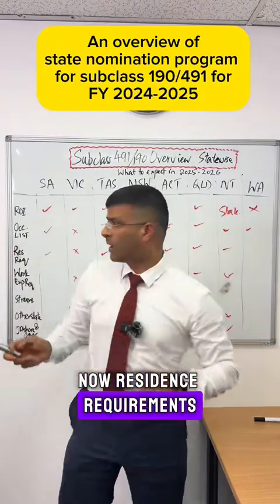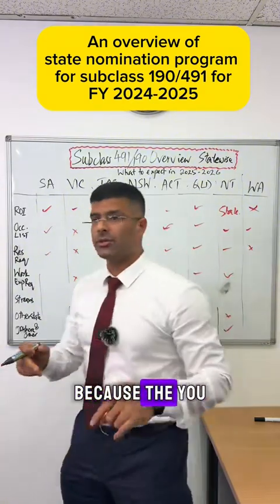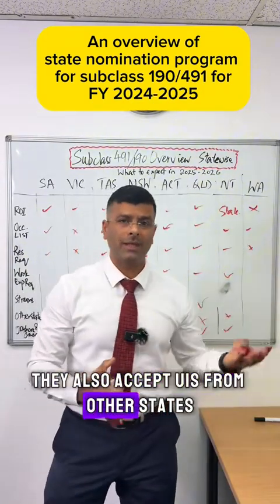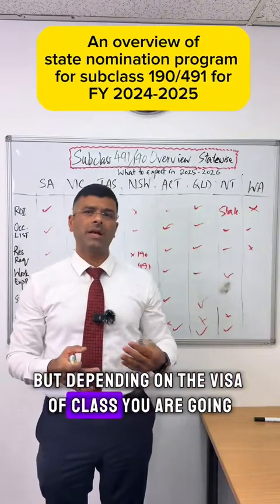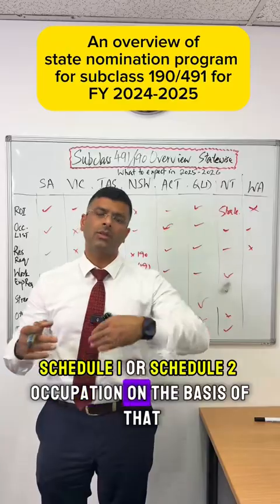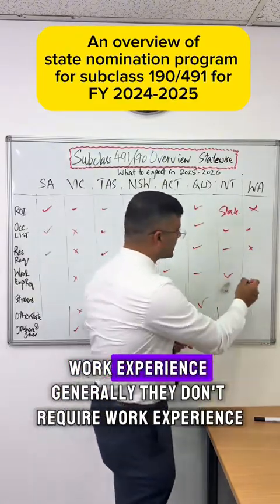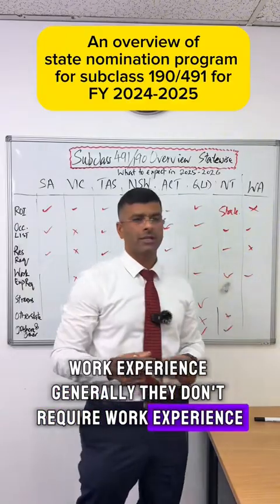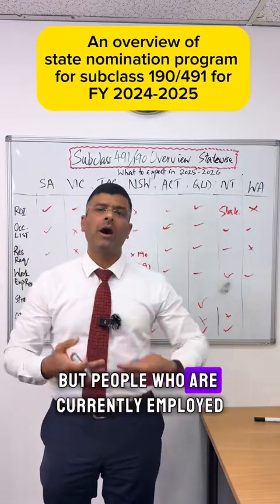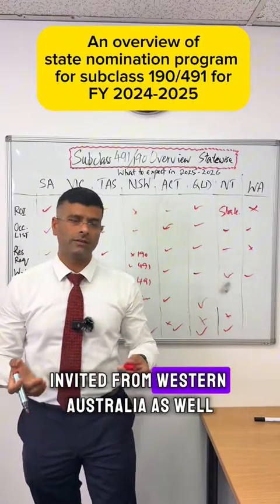Now, residence requirements. Western Australia generally does not have residence requirements because they also accept EOIs from other states. But depending on the visa subclass you are going for and which schedule you are going for, Schedule 1 or Schedule 2 occupation, the requirements may change. Similarly, work experience, generally they don't require it, but people who are currently employed have high chances of getting invited from Western Australia as well.